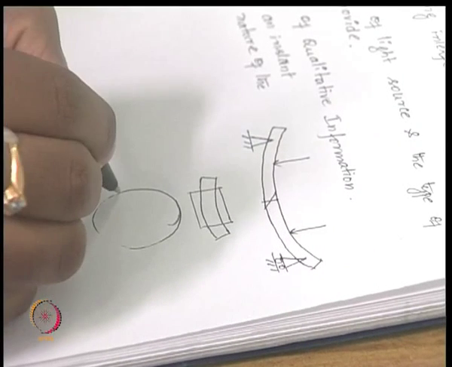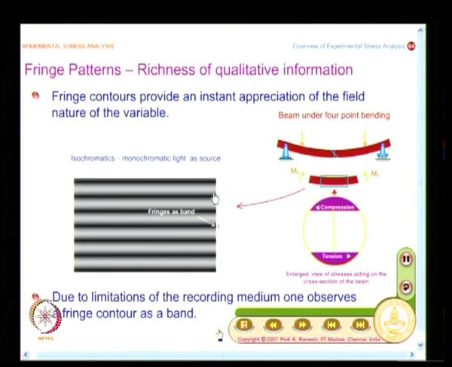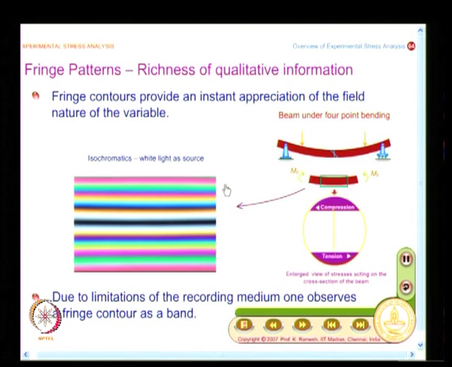And what you find here, instead of a monochromatic light source, if I view these patterns in a white light source, I get not black and white contours, but contours with distinctive color, and this is the specific advantage of photoelasticity. So, by knowing the color, it is possible for you to find out the fringe order.